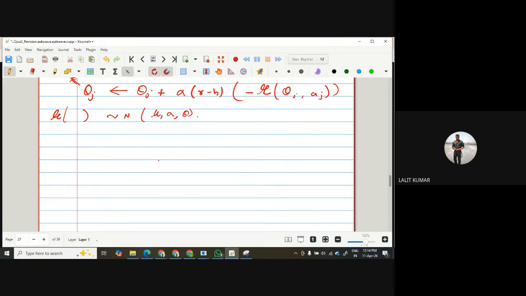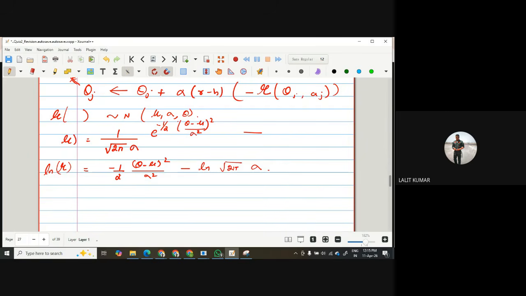So your pi is equal to 1 over root 2 pi into sigma, e to the power minus 1 by 2 into theta minus mu square over sigma square. When I take ln of pi, this will become minus 1 by 2 theta minus mu square over sigma square, minus ln of root 2 pi sigma.